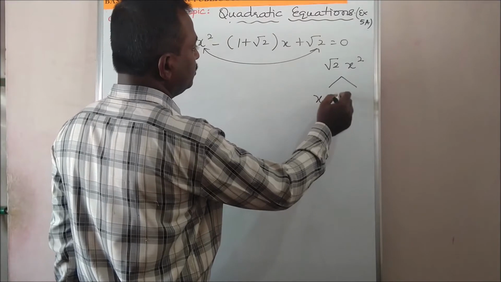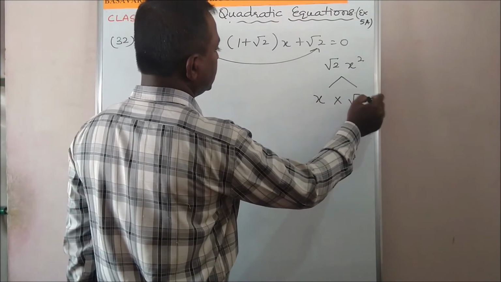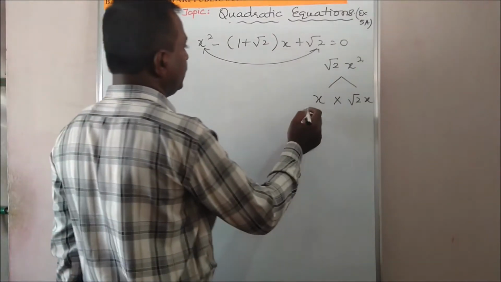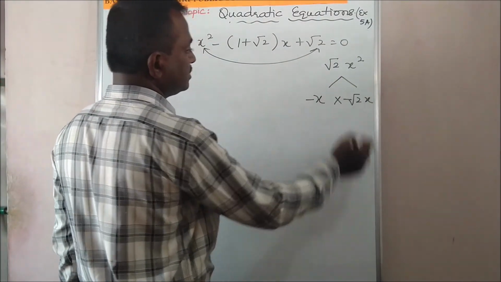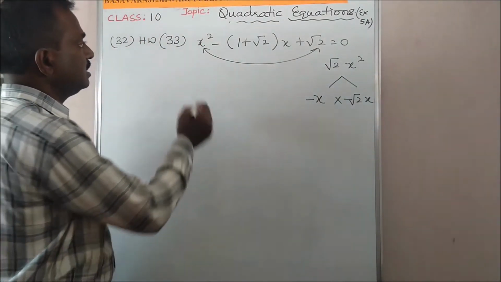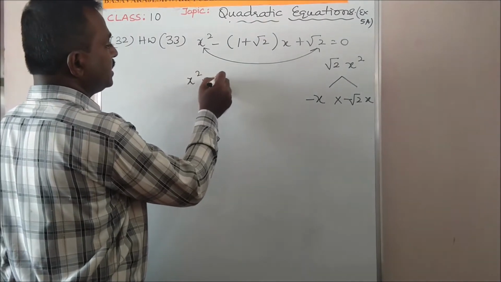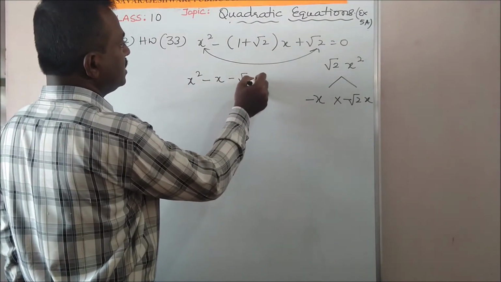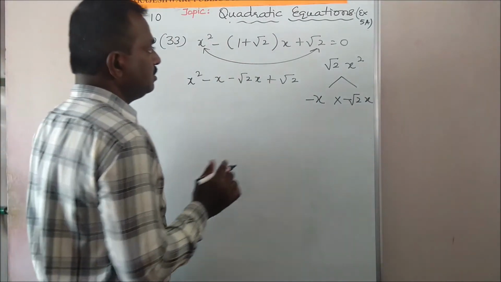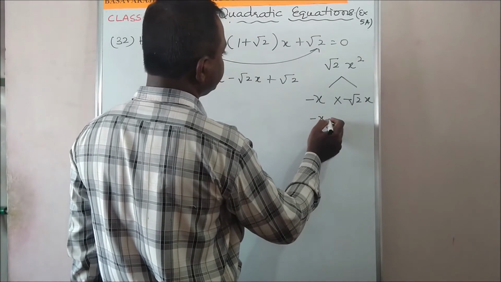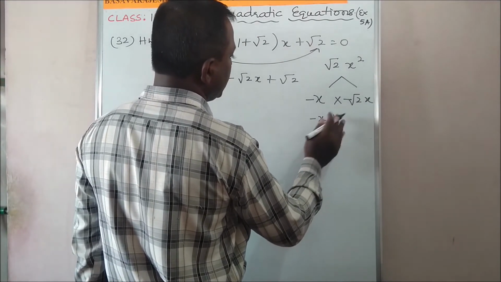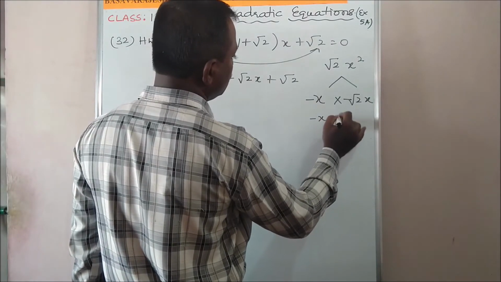X into root 2x, correct? Root 2x into x, root 2x square. So what we can do is minus. So minus x into minus root 2x. So x square minus x minus root 2x plus root 2. If you combine these two, you get the same answer. How? So minus x plus minus root 2x.